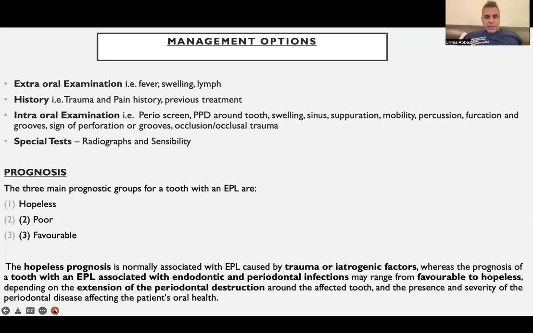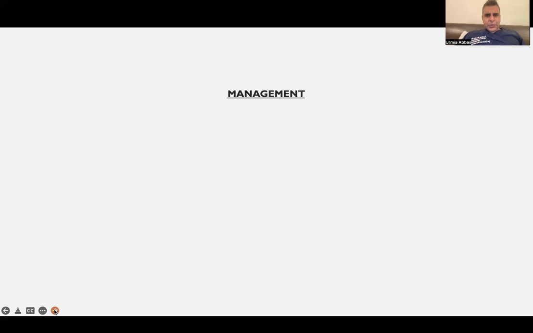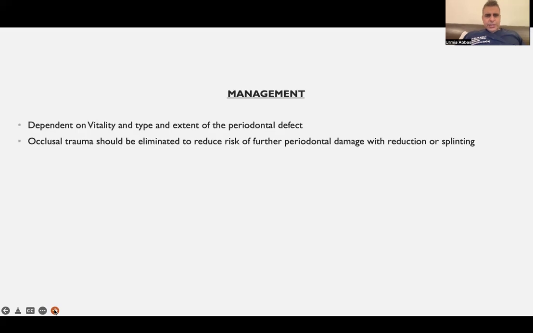Hopeless is normally associated with endo-perio lesions caused by trauma or iatrogenic factors, whereas the prognosis of a tooth with an EPL, the endo-perio lesion associated with endodontic and periodontal infections, may range from favorable to hopeless, depending on the extension of the periodontal destruction around the affected tooth and the presence and severity of the periodontal disease affecting the patient's oral hygiene. So management depends on the vitality and type and extent of the periodontal defect.